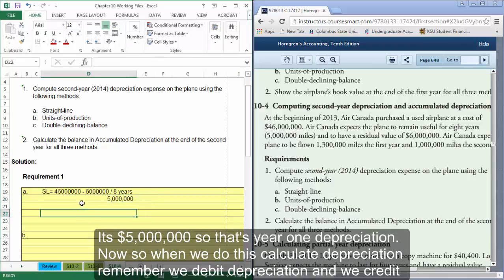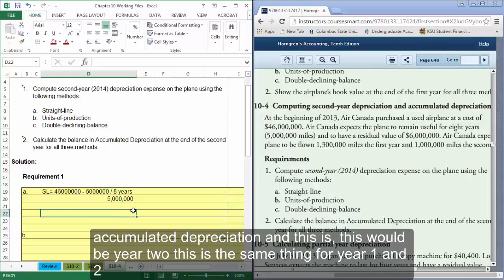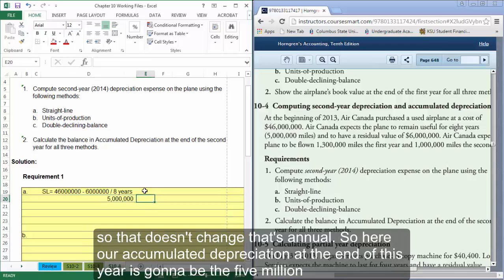Okay. Now, so when we calculate depreciation, remember we debit depreciation, we credit accumulated depreciation, and this would be year 2. This is the same thing for year 1 and 2. So that doesn't change, that's annual. So here our accumulated depreciation at the end of this year is going to be the $5 million if we did a T account.